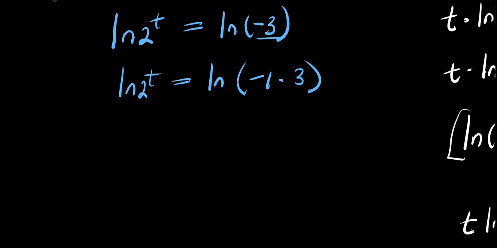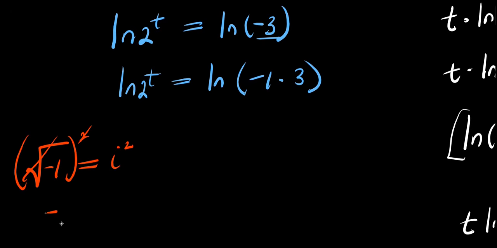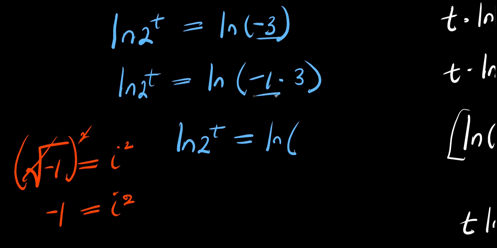Now, let's recall if you have square root of -1, this equals i. So if you take the square of this, the square root cancels the square, I have -1 as i power 2. So this means I'm going to have natural log of 2 power t equals natural log of, instead of writing -1, I have i power 2 times 3.